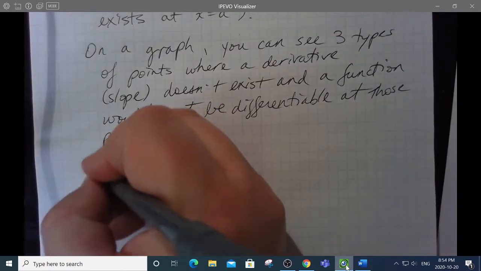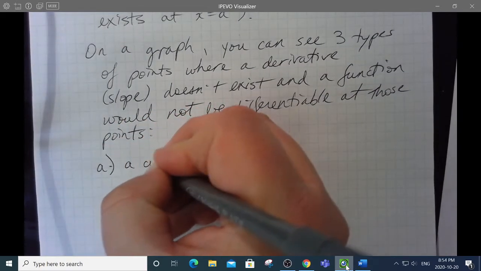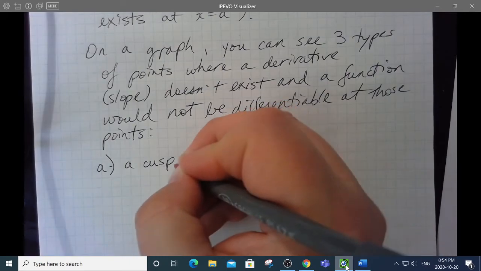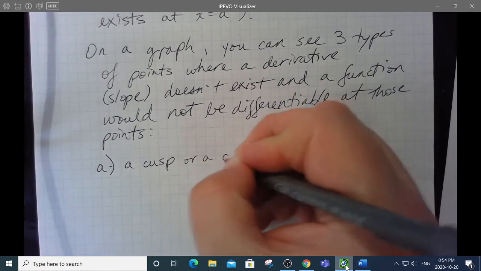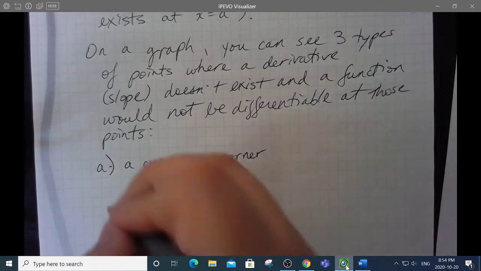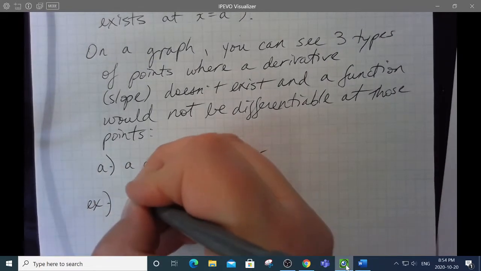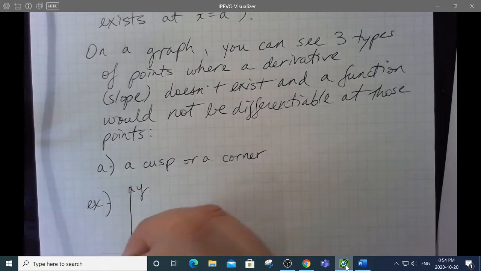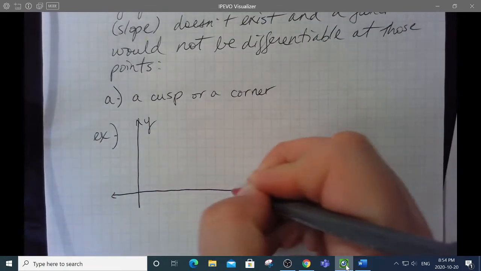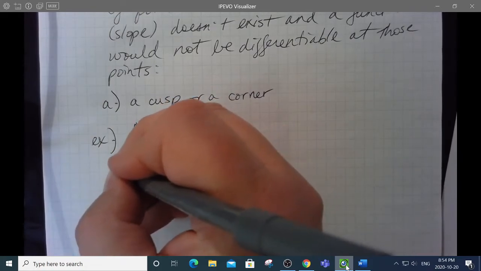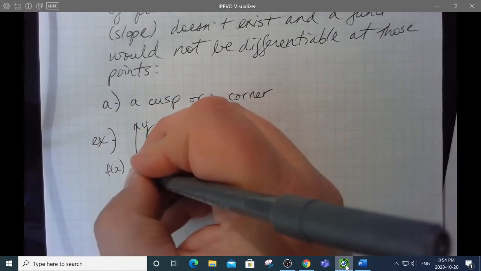So A is when you have a cusp or a corner. For example, suppose I had, again, so this is my y. Oh, sorry, I'm off the page. This is my x, and I had some sort of function, f of x, that was doing this. It is a function, right?